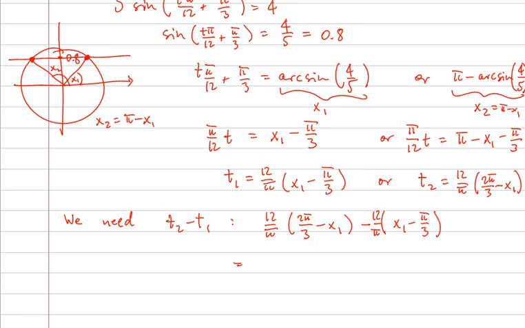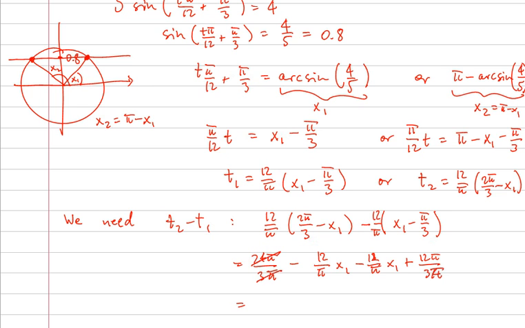So that's 24 pi over 3 pi minus 12 over pi x1 minus 12 over pi x1 plus 12 pi over 3 pi.